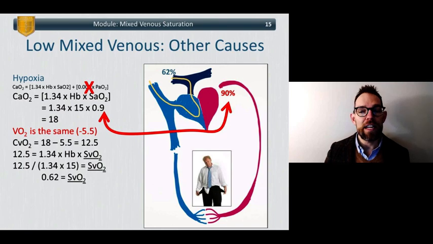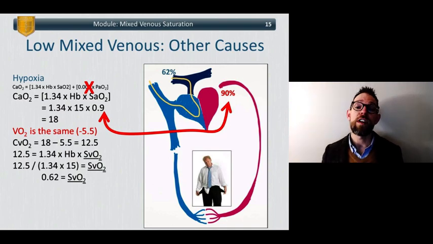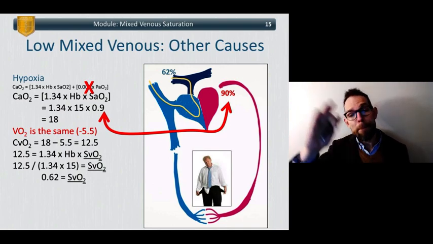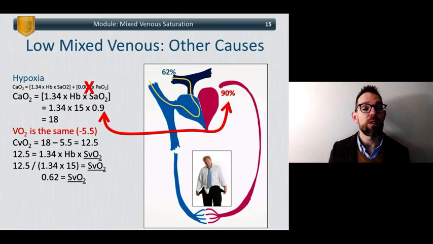Our peripheral extraction of oxygen, our VO2, remains the same, which, as you remember from the previous section, normal VO2 is 5.5. So we can backtrack into the CVO2 equation: CVO2 equals 18 minus the VO2 of 5.5, which gives us 12.5. 12.5 equals 1.34 times hemoglobin times SVO2.